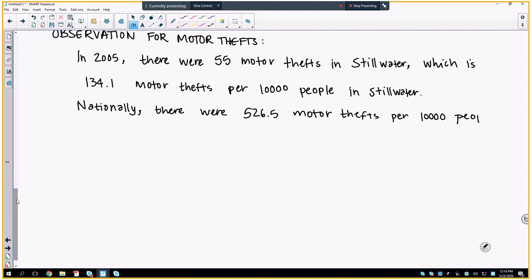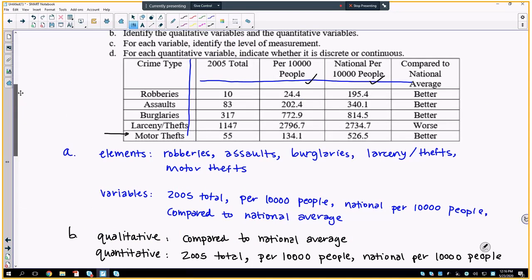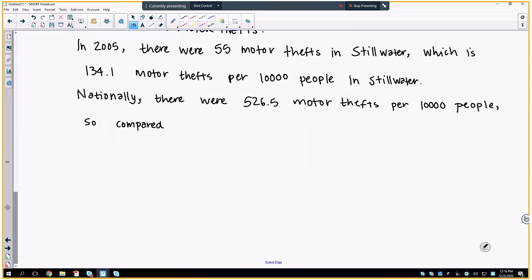So we get to say, so compared to the national average, Stillwater is better.